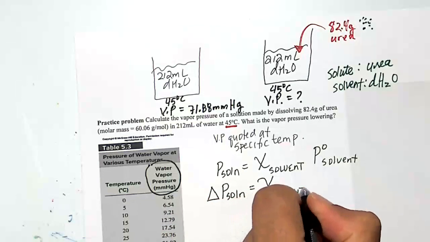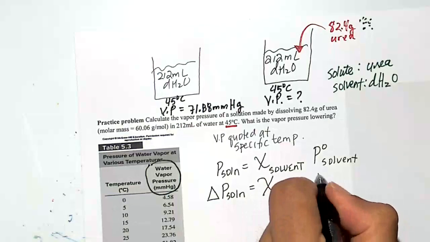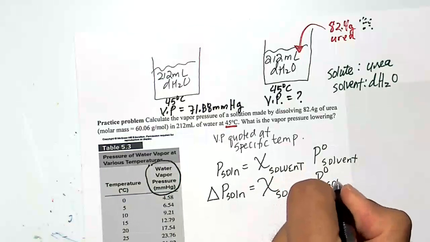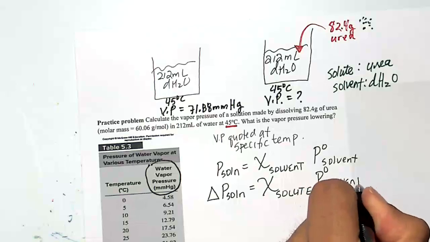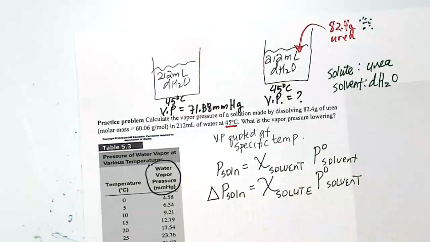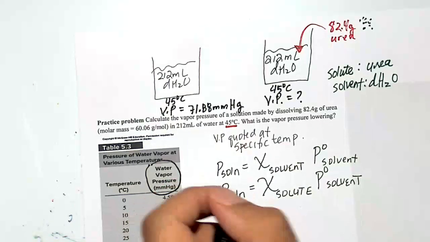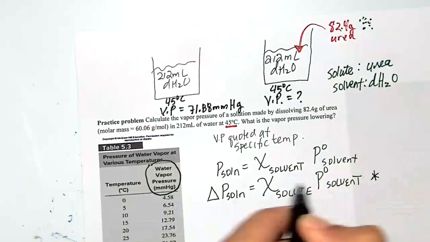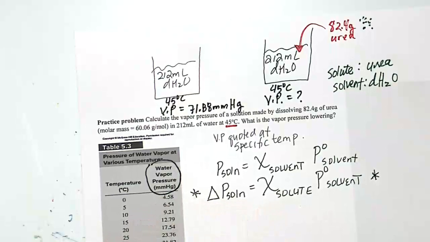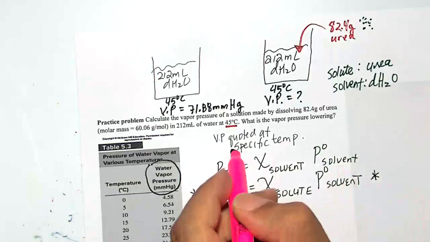In this case, it's going to be the mole fraction of the solute times the vapor pressure of the solvent by itself, neat. So this is an alternative equation, but it gives you the change by how much it has lowered. This one I'll give you on the exam too.